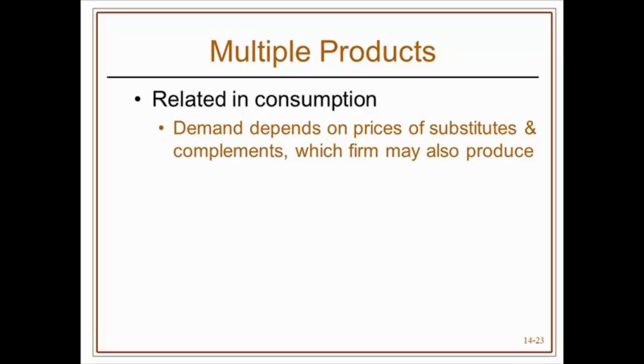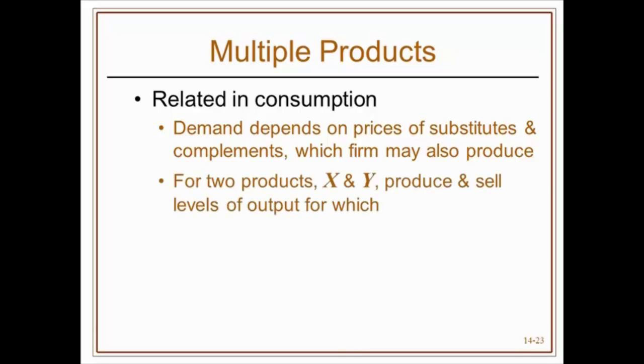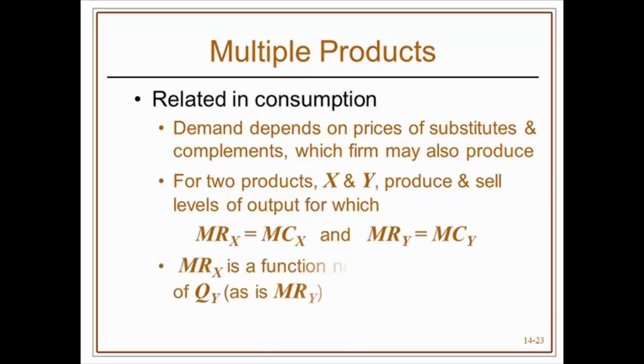And so those products and the demand for those products are going to be related because, again, demand for any product is related to substitutes and complements. And so if a company produces both X and Y, which are related in some way, then it wants to also set this marginal revenue equal marginal cost situation.